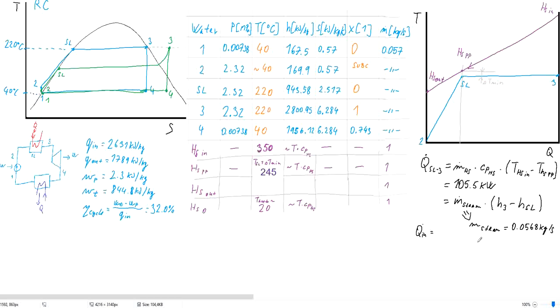We can calculate it, for example, as the mass flow rate of the steam multiplied by the enthalpy difference 3 and 2, or also directly the Q in. And we can get that the heat input into the cycle is 149.48 kilowatts.